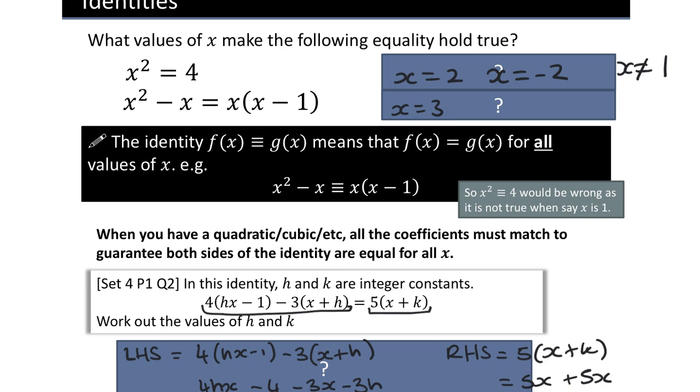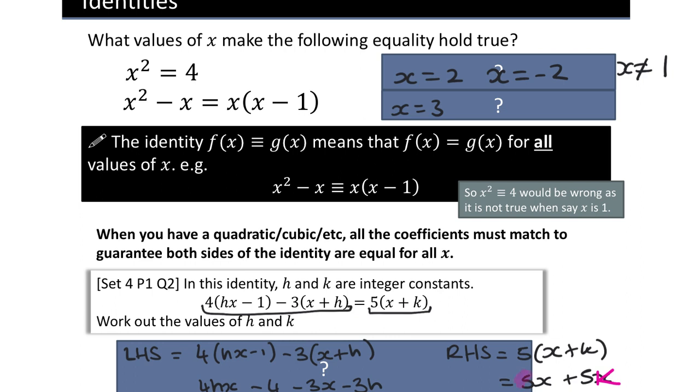Now what I need to do is, because we know they are both an identity, I could do something which is called comparing coefficients. Oh, sorry everyone, this is a k. So, if I have a look, the coefficient of x is 4h minus 3.